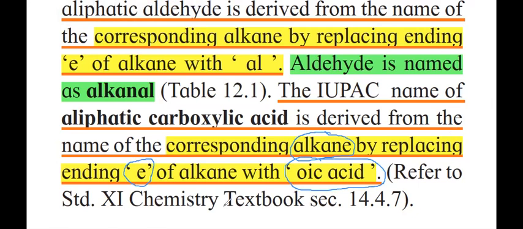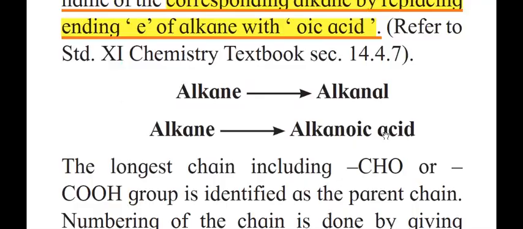We will see directly: both are alkanes. Instead of E, for aldehydes we use al. Instead of E, for carboxylic acid we use oic acid, because of the COOH group.